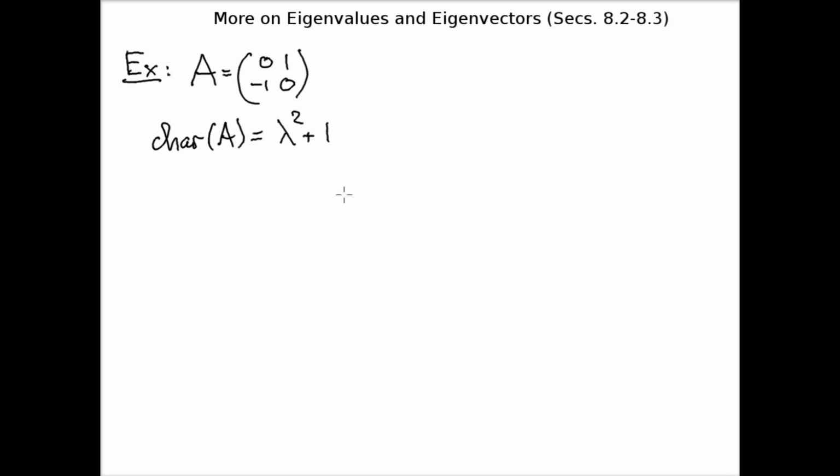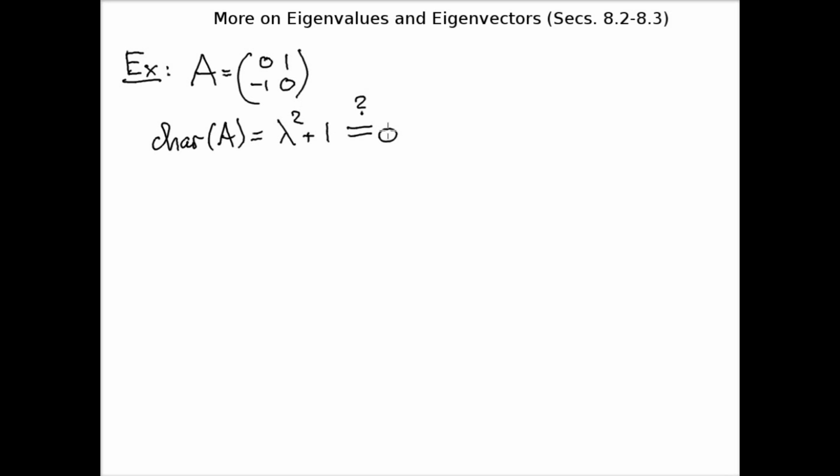All right, well, let's do the standard example. Let's take A to be this matrix 0, 1, minus 1, 0, this complex matrix. What do I mean complex matrix? This is a real matrix. Well, real numbers are complex numbers. Think of it as a complex matrix. Does it have any eigenvalues and eigenvectors? Well, the characteristic polynomial of A is lambda squared plus 1.